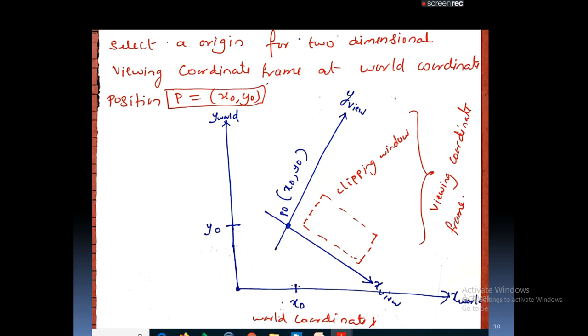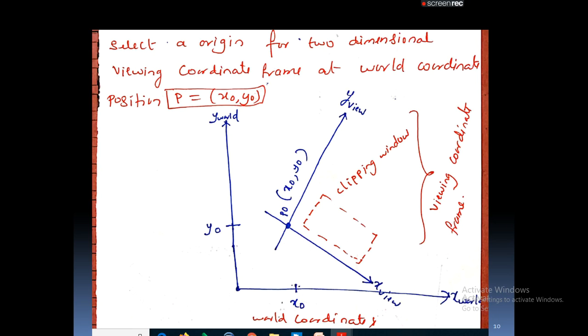So with respect to this origin of the viewing coordinate, I defined the clipping window. If you see this diagram, we have world coordinates and a viewing coordinate, and we defined one origin, one point called P naught. No doubt it is a viewing coordinate, but that point is taken with respect to world coordinates, and that P naught acts like the origin of the viewing coordinate frame.